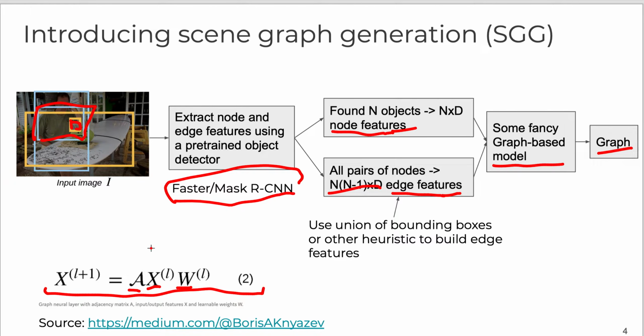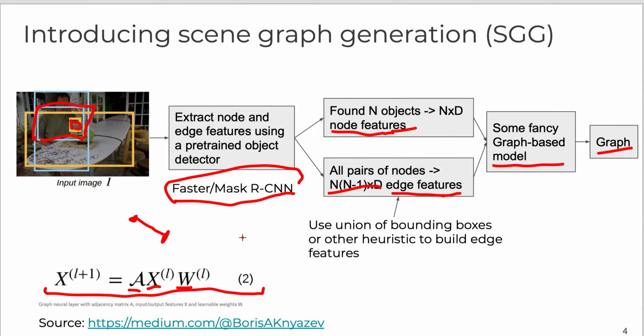So this would be sort of edge features, but usually this adjacency matrix is float valued, so it's a matrix of values from 0 to 1 or something like that. For example, in this case this adjacency matrix can be built by computing spatial distances between two objects.